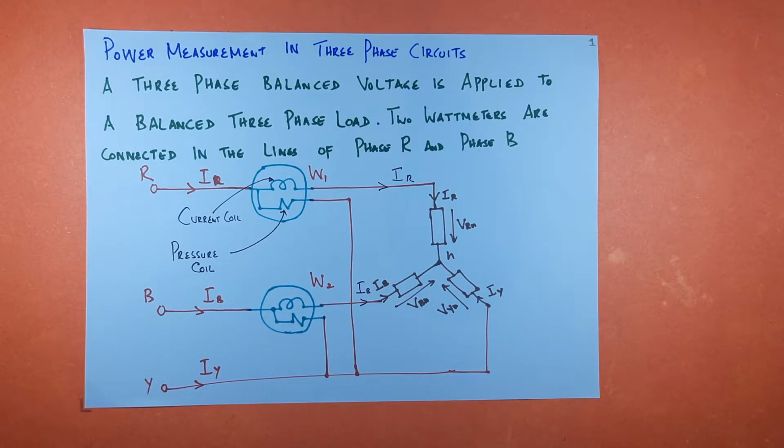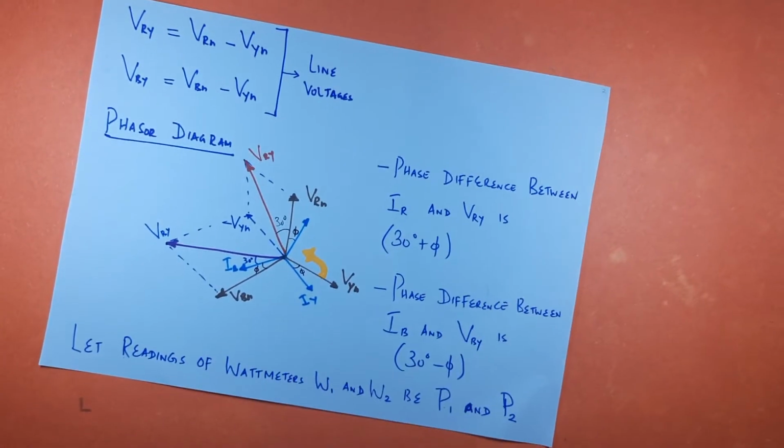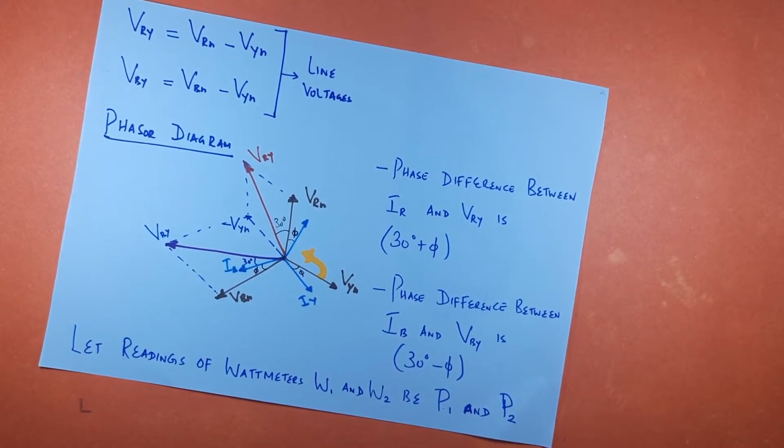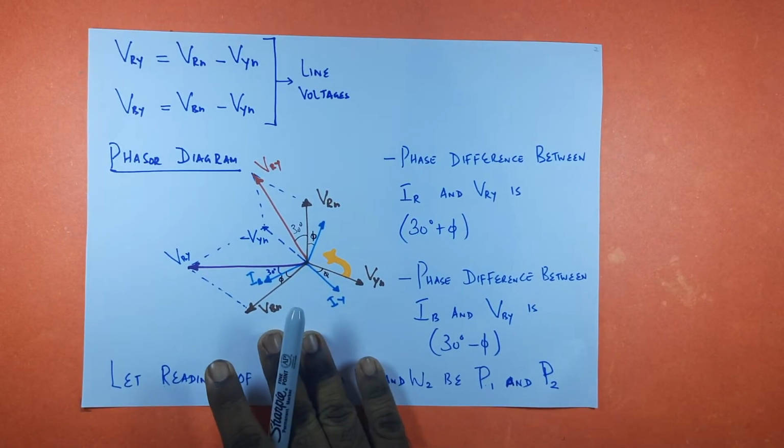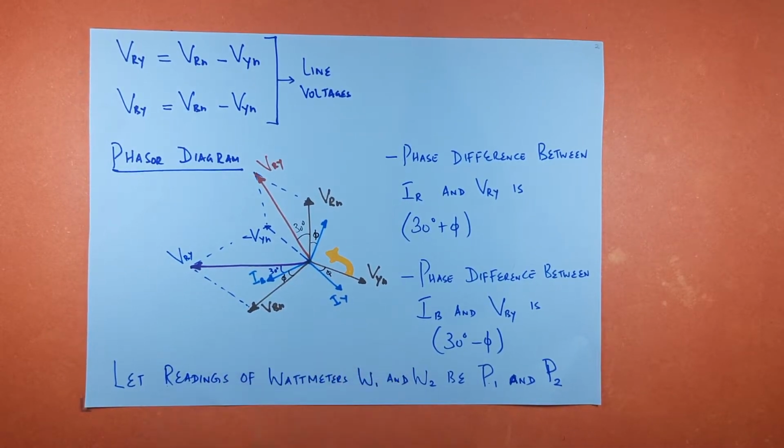So we are going to measure three-phase power using 2 wattmeters. Sometimes this is also called the 2 wattmeter method of measuring three-phase AC power, right?